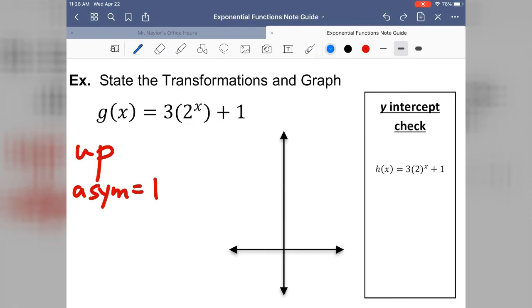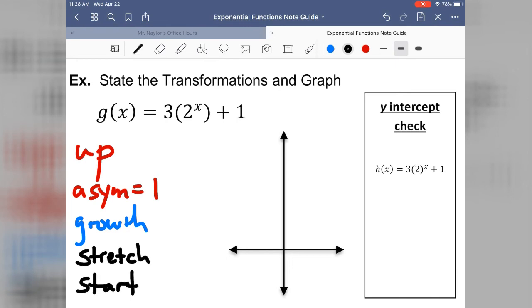Make sure that that base does what it always has done. It just tells you if it's going to be growth or decay. And I guess the only number left for us to talk about is the number in front. Now, the number in front is an interesting number because it does two things. Because that number is greater than 1, it stretches the graph. But it's also going to cause the graph to start at 1. And so we want to try to put all these ideas together.